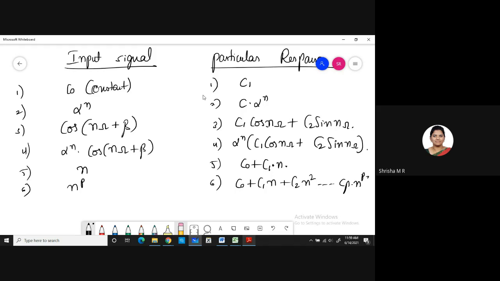It is like t power p in differential. Next, if you have n into alpha to the power of n, your particular structure will be alpha to the power of n into C0 plus C1 into n. Then if you have n to the power of p into alpha to the power of n, it will be the same thing multiplied with alpha to the power of n.